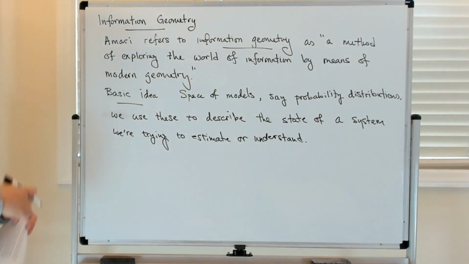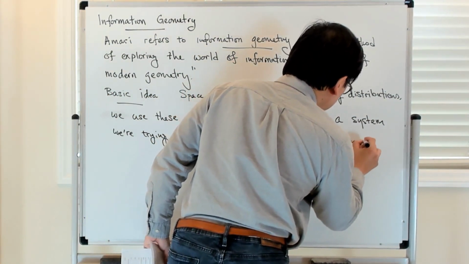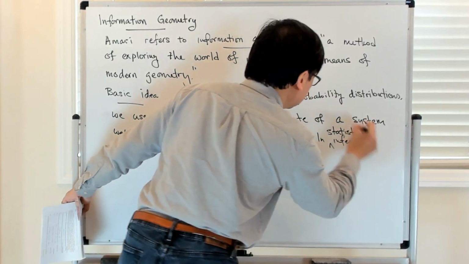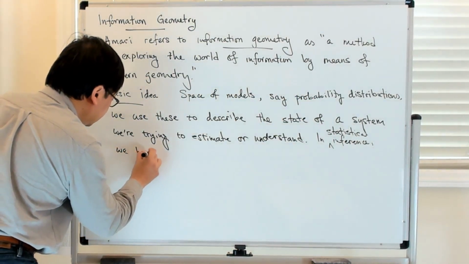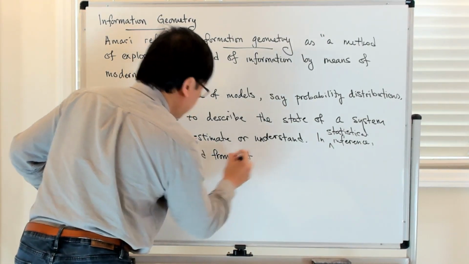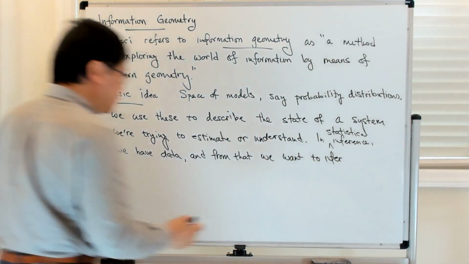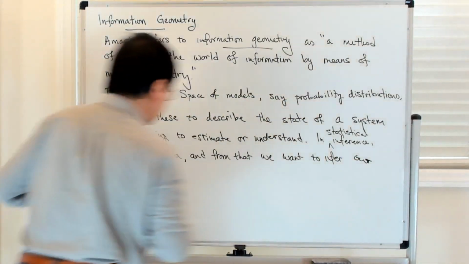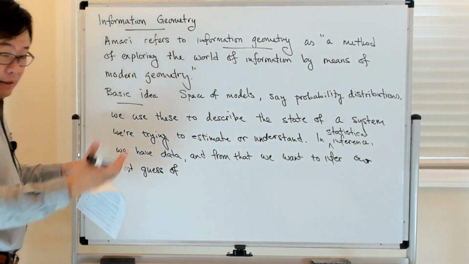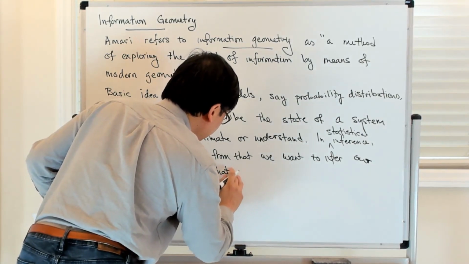Okay. And so, what are examples of something like this? For example, in statistical inference, what you have is that we have data, and from that we want to infer our best guess of what that data is describing, so what that data is being sampled from, perhaps.